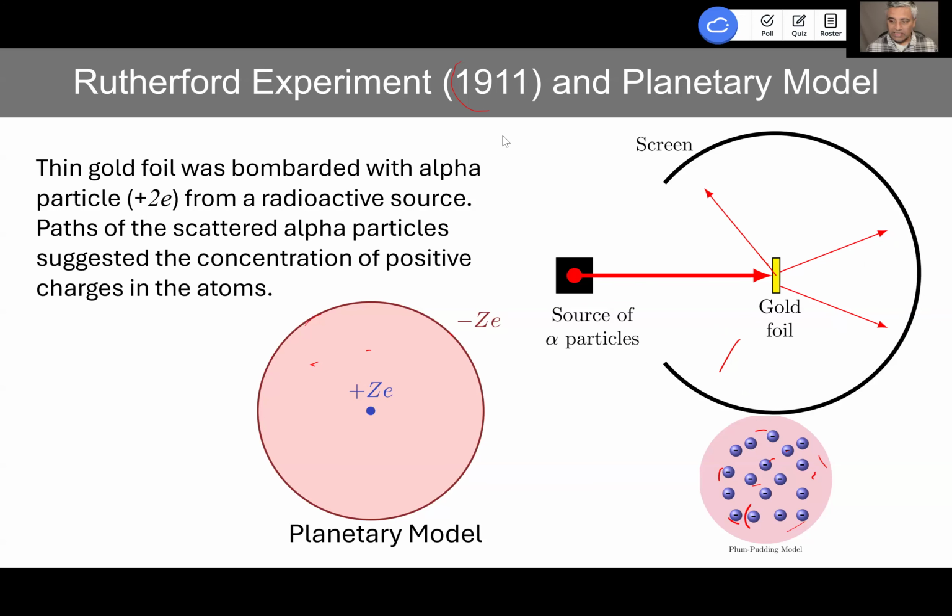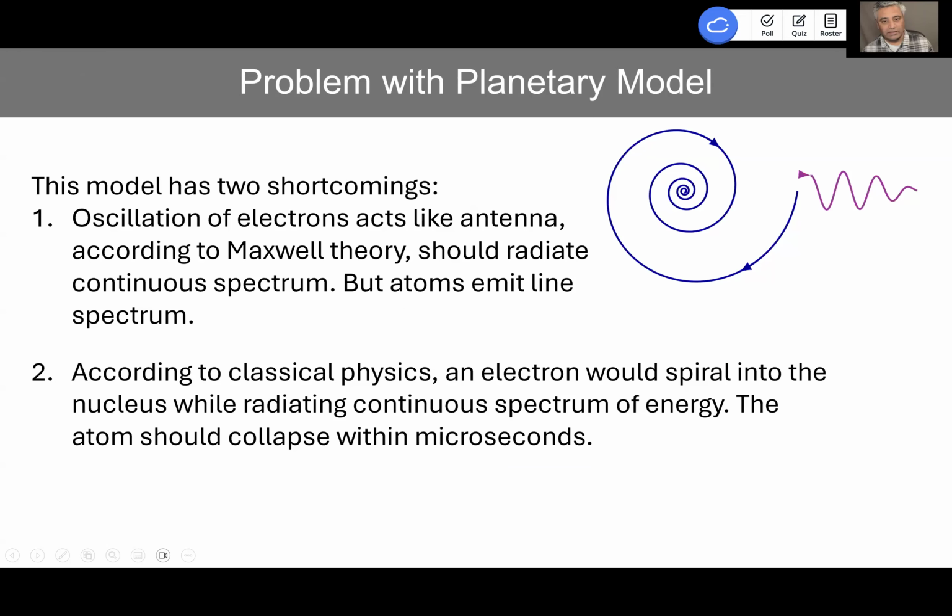But there were a couple of problems with this planetary model. It wasn't explaining certain things that the physics thought it should.